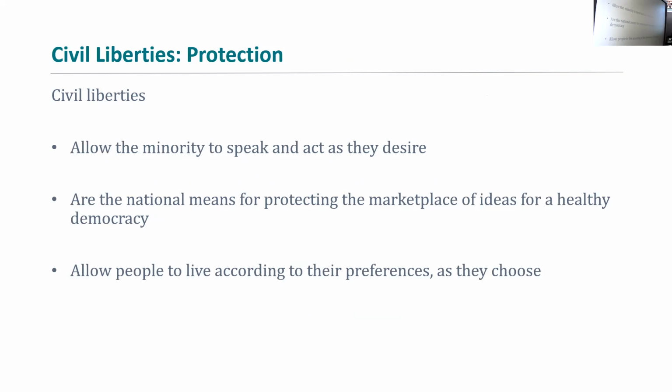Okay. Our civil liberties are protections that we have. And specifically, civil liberties really apply to the minority. In fact, when you look at civil rights and civil liberties, they exist as minority protections because we claim to be a democracy, right? Yes? No? We do. We claim to be a democracy. In our self-identification as a democracy, basically what a democracy is that the majority rules, right?